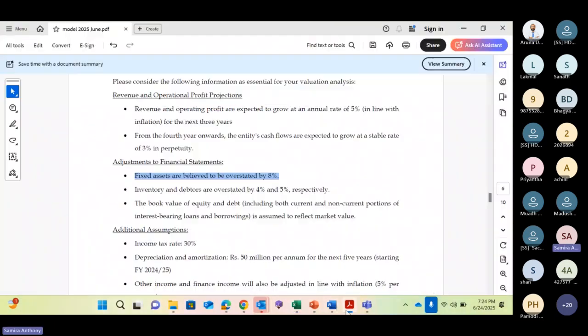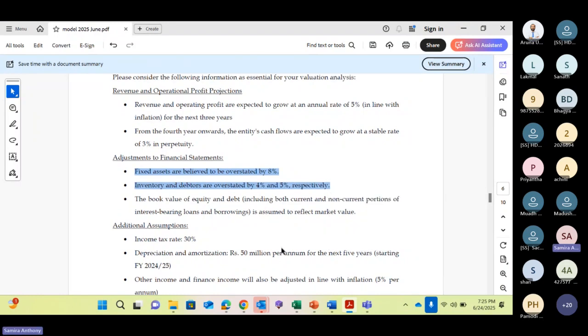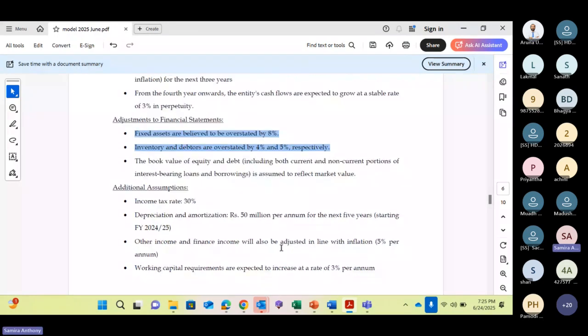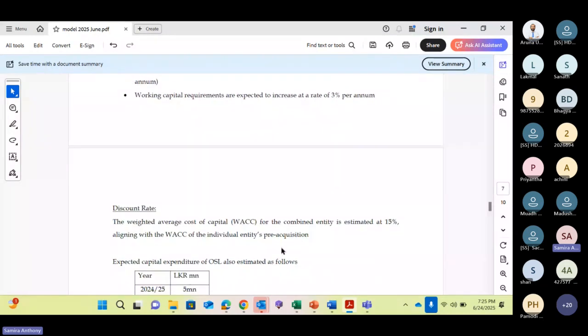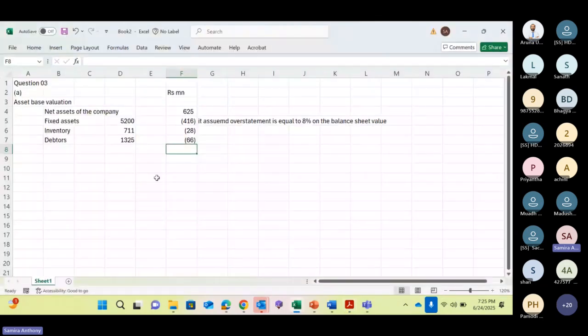Going back to the question, the book value of equity and debt is assumed to reflect market value. That's okay. Then another information, this we have taken already, done, right? Income tax, depreciation, other income fine will also be adjusted, working capital, that's all. Those are the only adjustments you have to make. Now you can take adjusted net assets.